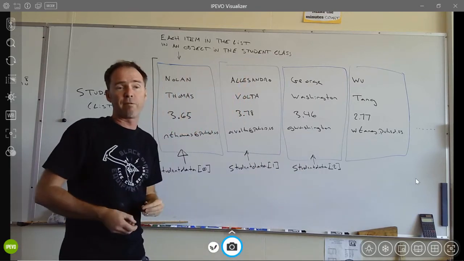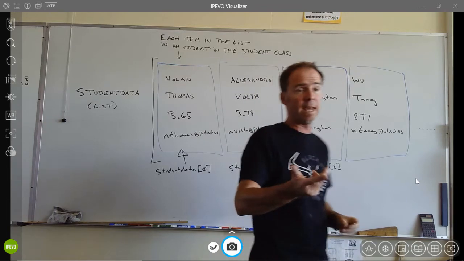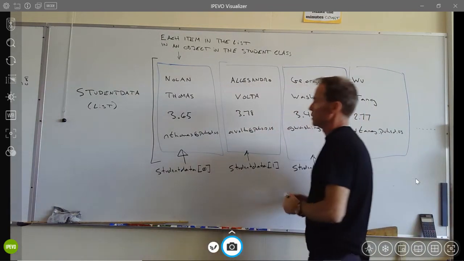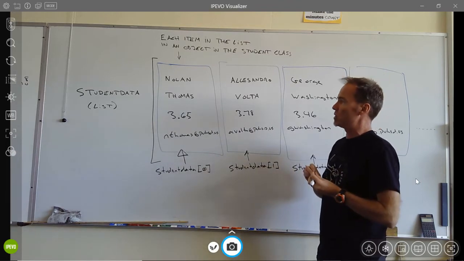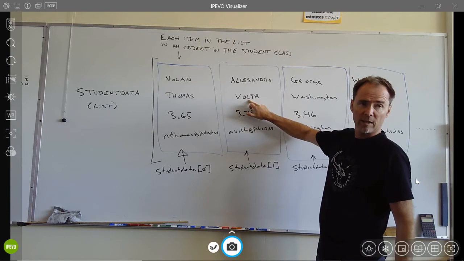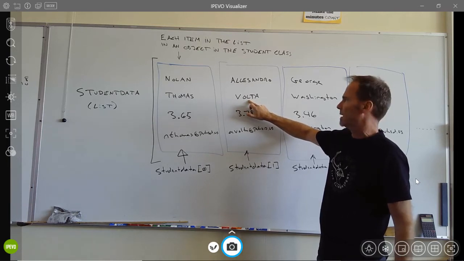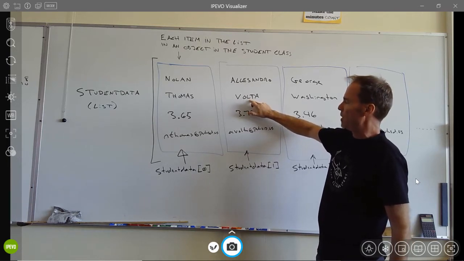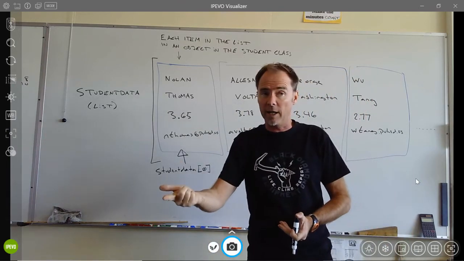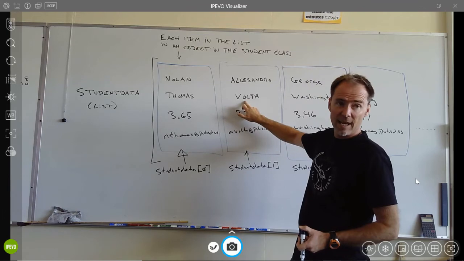If I want to refer to anything within that, I can search through the list. Let's say I want to search for Alessandra Volta. How do I go about that? When I want to refer to a field, it's going to be student list dot last name.